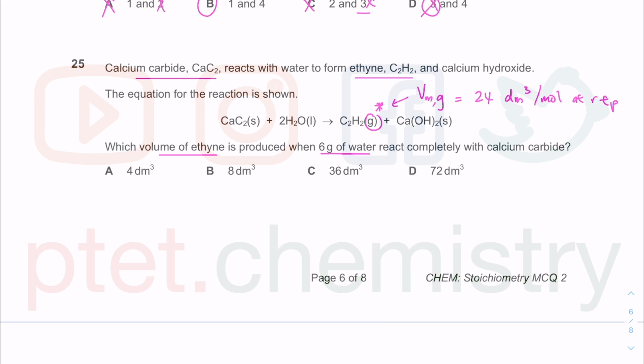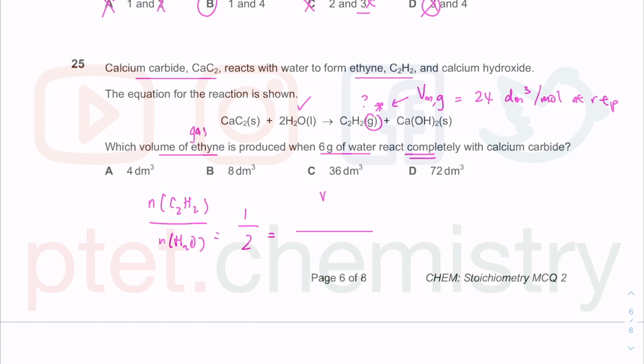You're going to have 6 grams of water reacting completely. So we have this and we want this. So we have the mole of C2H2 over the mole of water. You have 1 mole here from the balanced equation for C2H2, and you have 2 mole of H2O from the balanced equation. The ethyne is a gas, and I want the volume of a gas.